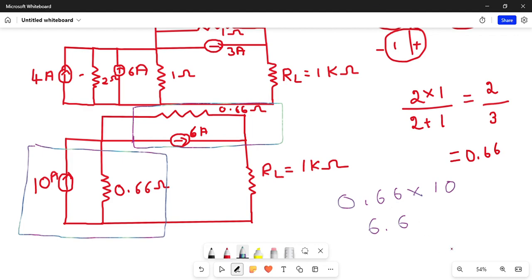So one is 6.6 and the other one, 0.66 into 6, is 3.96. Let me draw that particular circuit again.